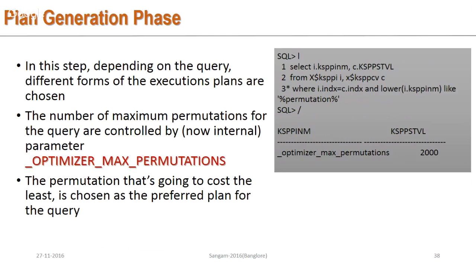Out of these permutations, Oracle picks the permutation which gives the least cost to the query. And this is what is visible to you by the 10053 trace event. The 10053 trace event tells you, if you look into the trace file, how the optimizer decided to go for a particular query plan.